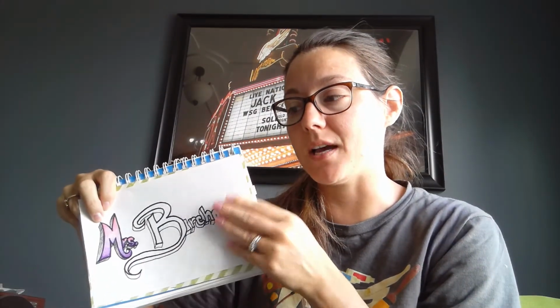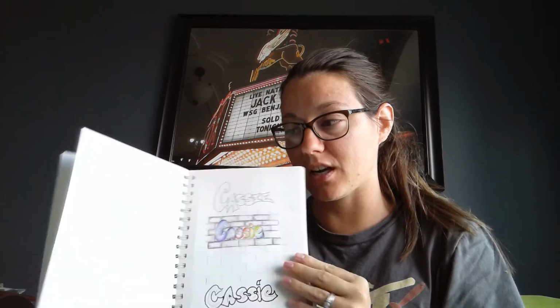Or you could get a piece of paper that's exactly the same size as your sketchbook cover and just do your assignment larger on that paper. I'd be fine with that too. So we're going to start out with learning how to write our name in some interesting ways, and we're going to practice doing this inside of our sketchbook.